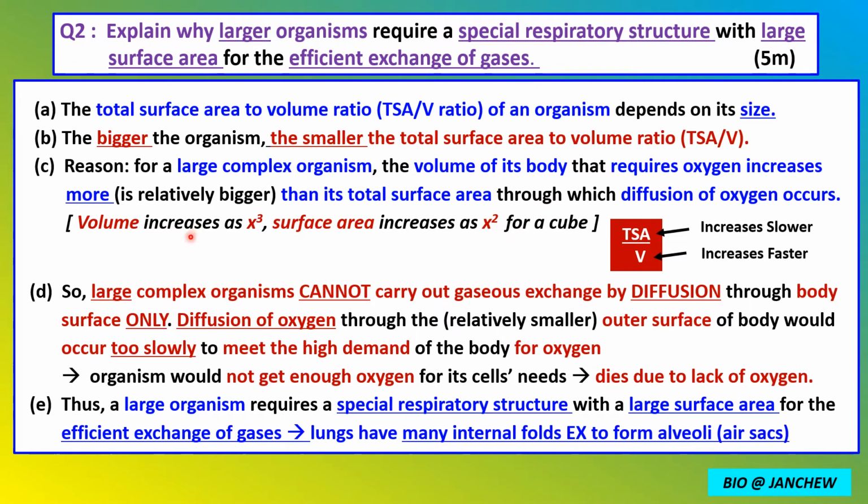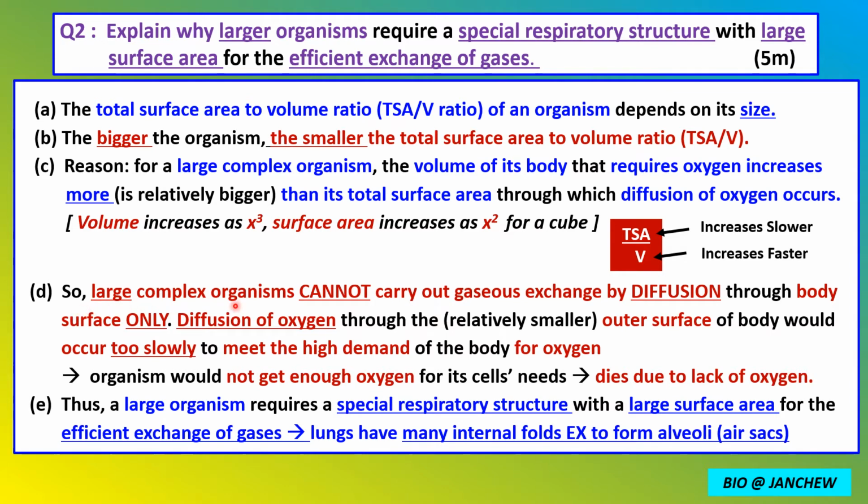However, as the size of the organism increases, we find that volume increases as x cubed, but surface area increases only as x squared, for example, for a cube. So as we have said just now, the TSA increases more slowly than the volume as the size of the organism increases. Thus, on the whole, this will cause the TSA per V ratio to become smaller as the size of the organism increases.